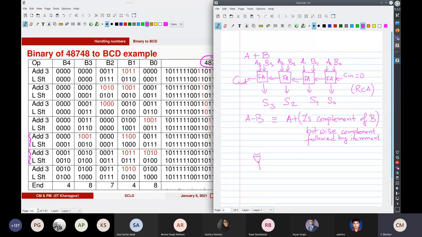You can use an XOR gate here, and this is say B3, and you have a full adder here as before, and here you have A3. Then you have the next full adder, with an XOR gate here, and you have B2, and here A2. Then another full adder and XOR gate, with B1 and A1, and another full adder with an XOR gate, and this is A0.